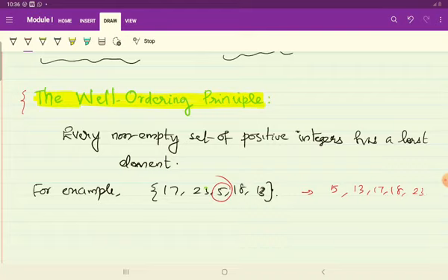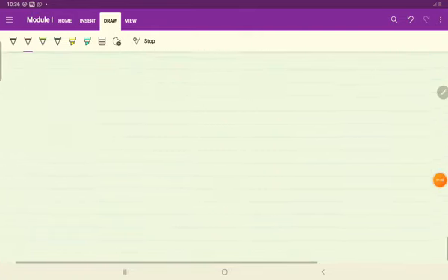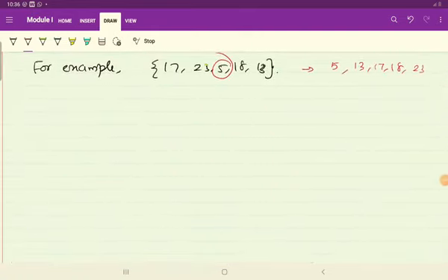The well ordering principle states that every non-empty set of positive integers has a least element. Now we can check one application or one example of this result.